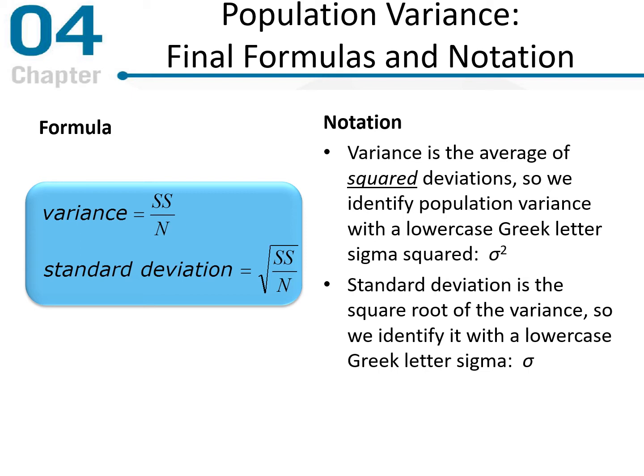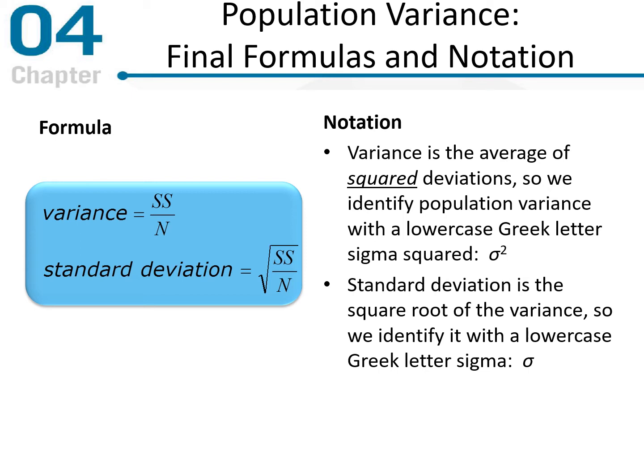So the variance of the population is simply the sum of squares, which we just mentioned, divided by the total sample size. And the standard deviation is just the square root of that. If you see the population variance, it's notated as the Greek letter sigma squared.